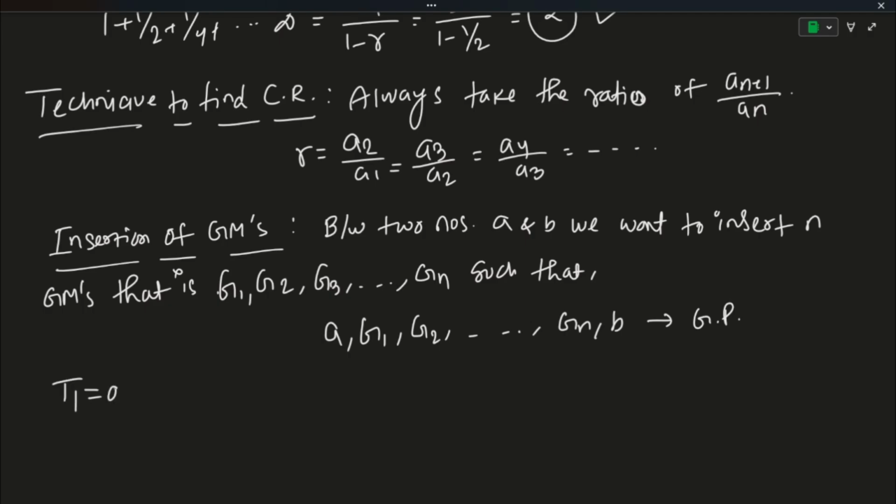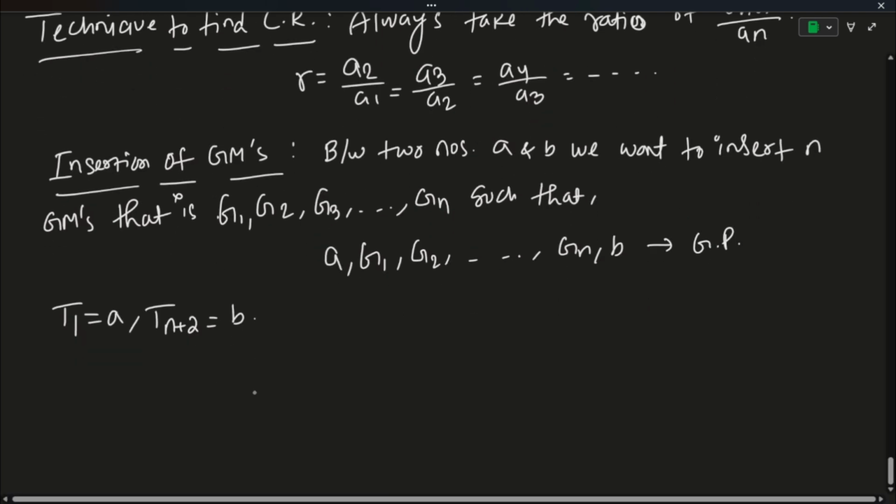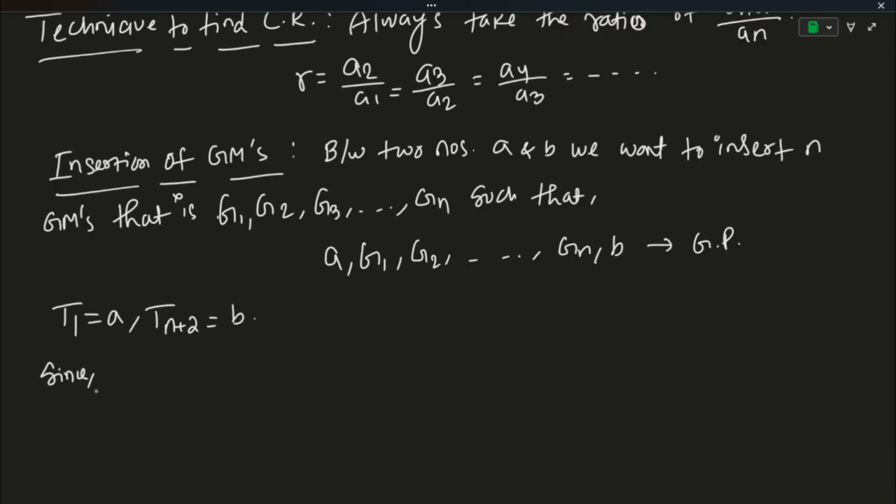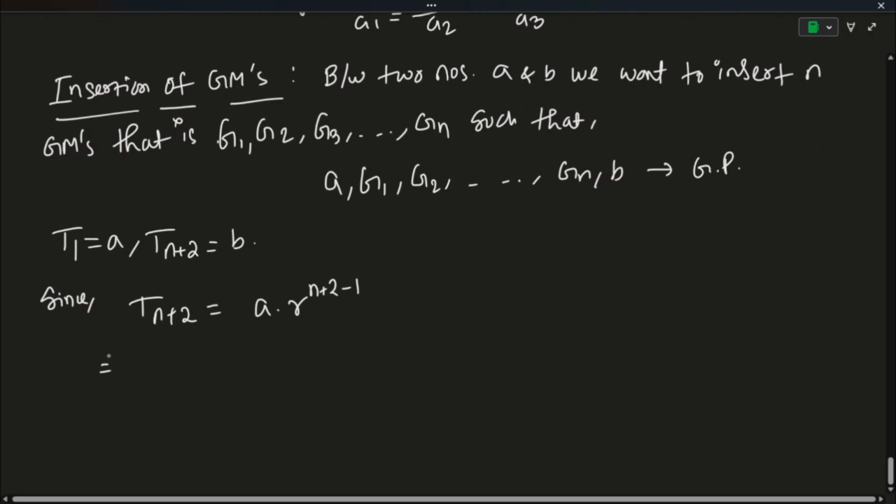So again, I know the first term is A and I know the (n+2)th term is going to be B. I don't know the common ratio, right? But I do know the nth term formula, right? So since T(n+2) is equal to A into r to the power (n+2) minus 1, that is A into r to the power n plus 1. Now T(n+2) is B, so put that value in.